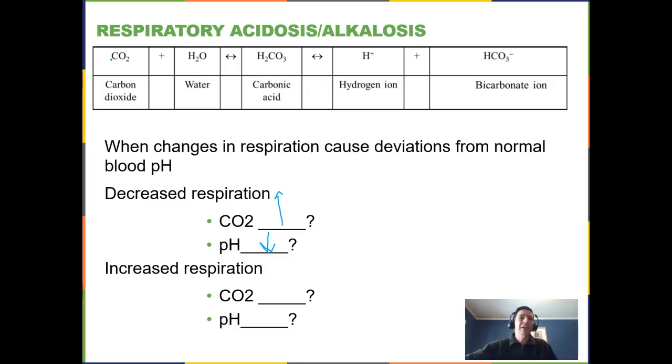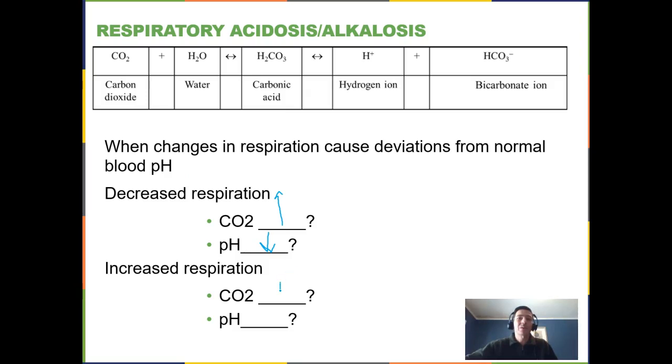So if you have less CO2, the carbonic acid is going to fall apart to replace the CO2 you're exhaling. If your carbonic acid is being converted back into CO2, then your levels of carbonic acid are going down, which means bicarbonate and hydrogen ion are going to get back together to reform the carbonic acid to try and keep the ratio of what's here and what's here and what's here the same.